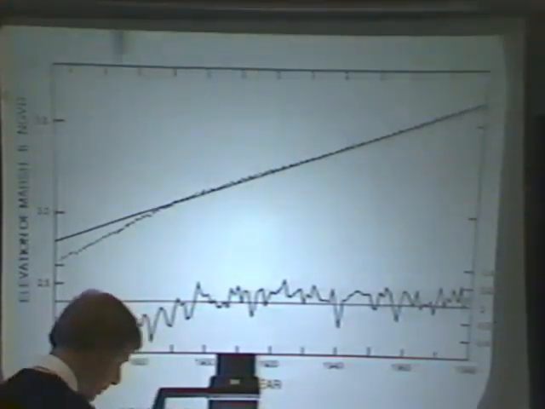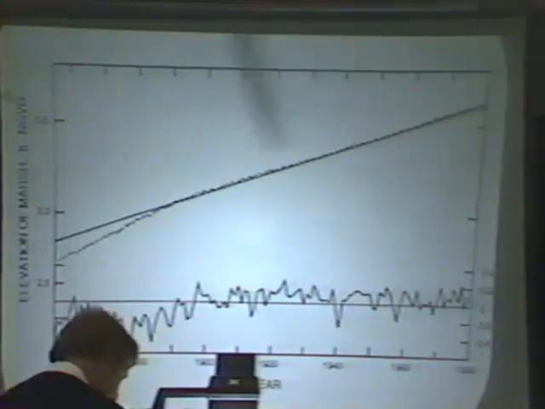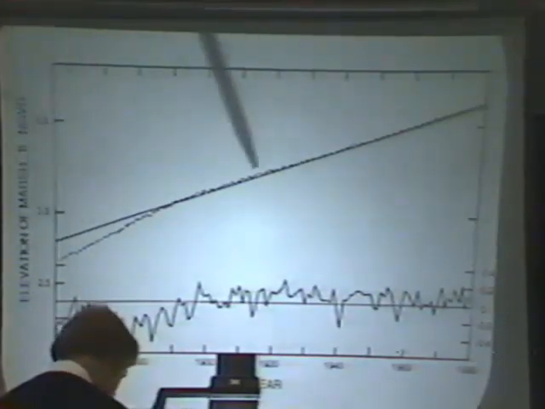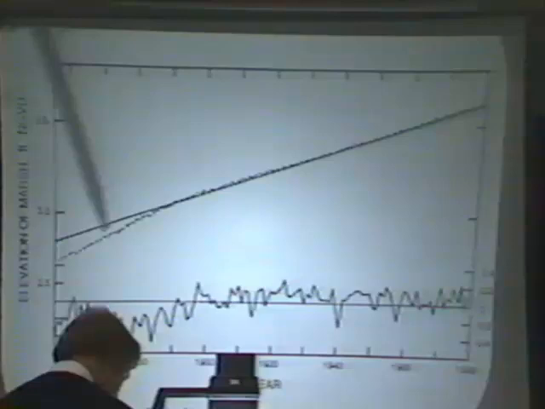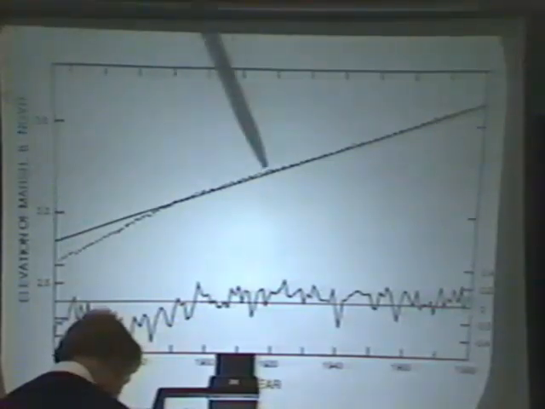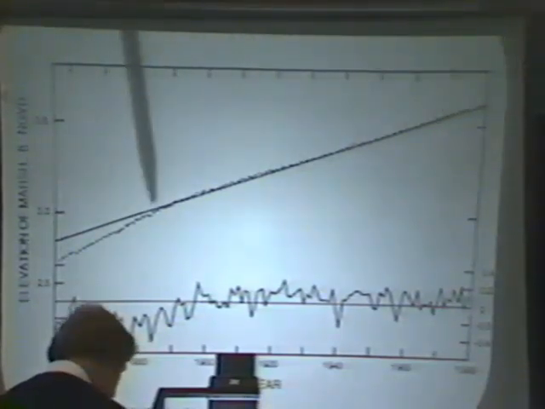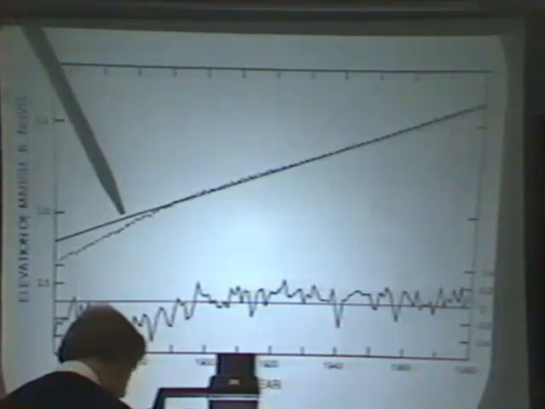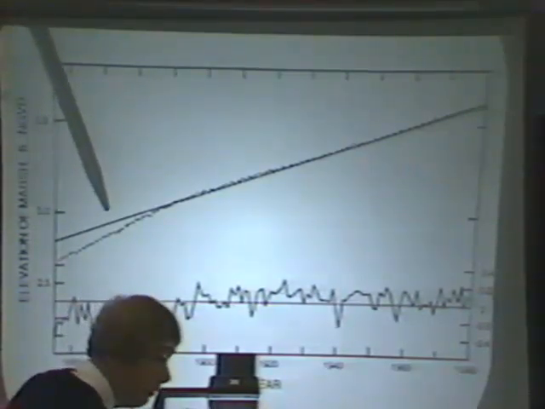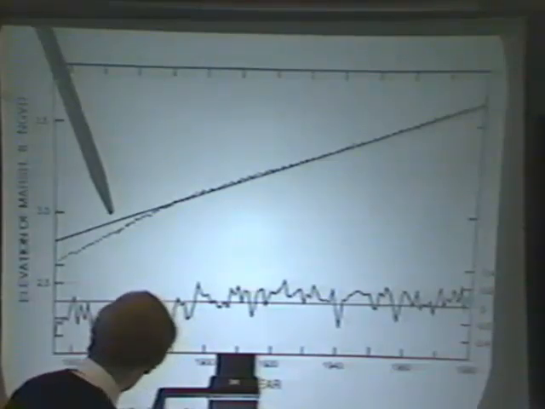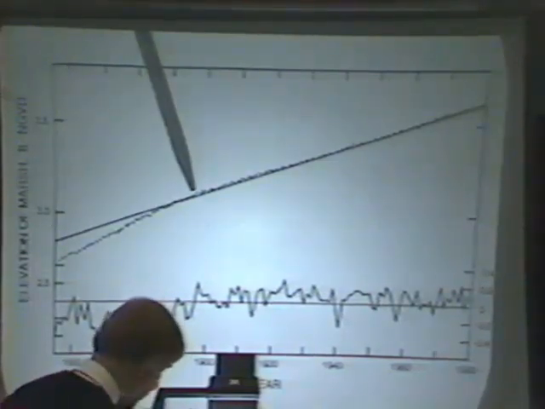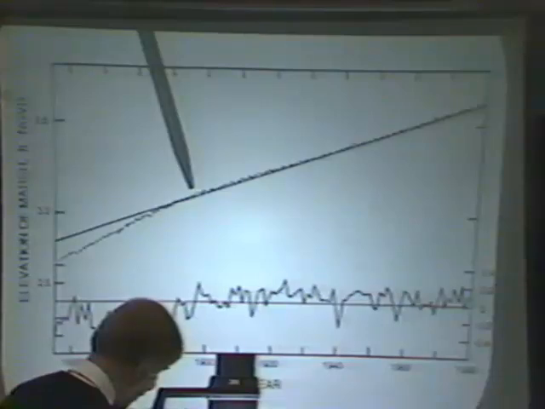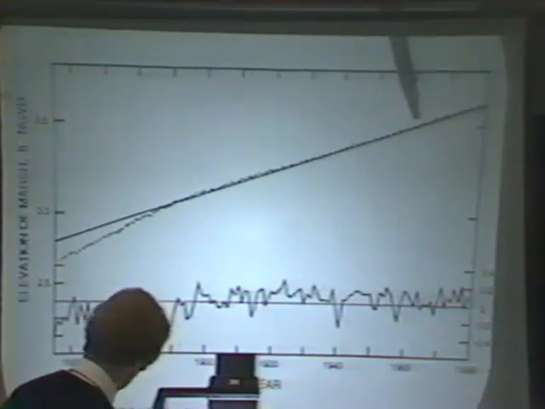The straight line is just a line put in there so that you can see the change in elevation with distance. The results came out as shown here. It rose more rapidly because sea level was rising more rapidly during those early years. And then as the rate of sea level rise became steady, the rate of rise of the marsh became steady.